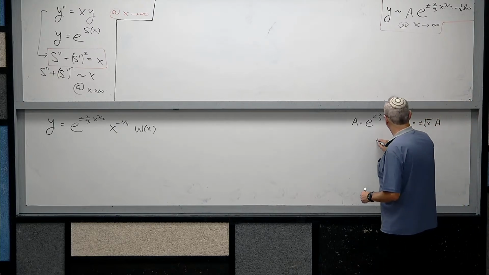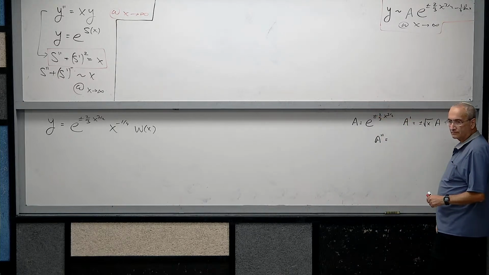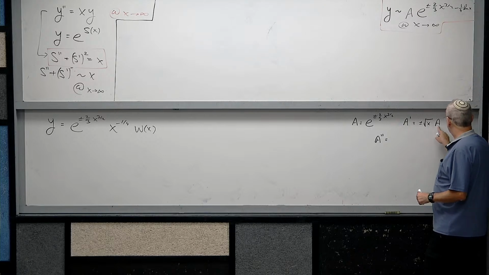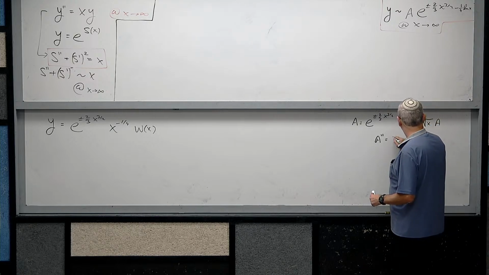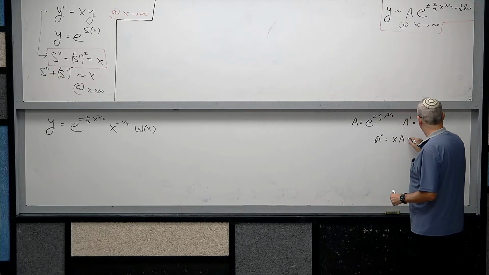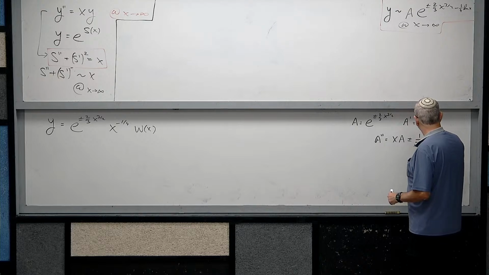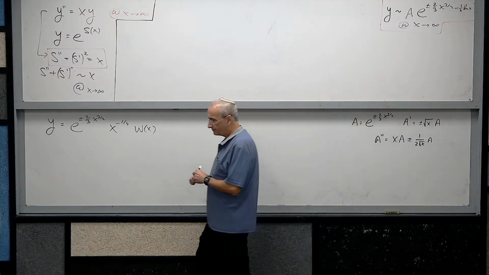And what will be A double prime, please? Either I take the derivative here, in which case I will have x times A, right? Or I take the derivative here, plus minus 1/2 square root of x times A. Okay?